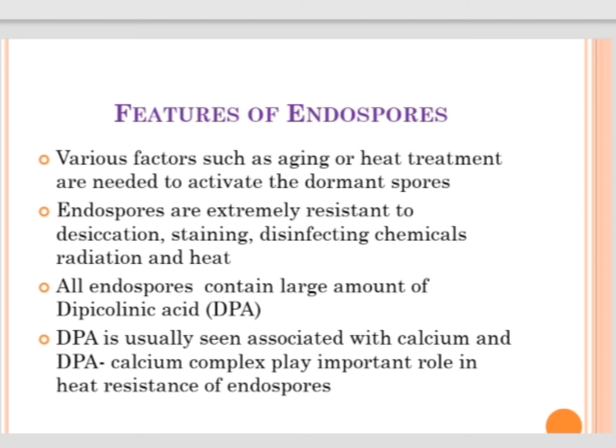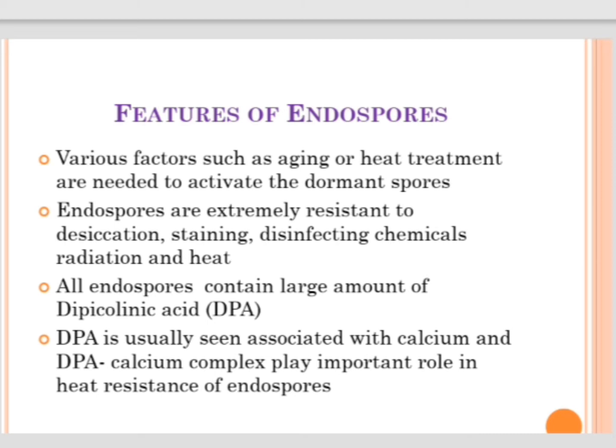Dipicolinic acid is actually a component of the bacterial cell wall, and endospores contain a large amount of this dipicolinic acid, or DPA, which is usually associated with calcium. The DPA-calcium complex plays an important role in providing heat resistance to the endospore.